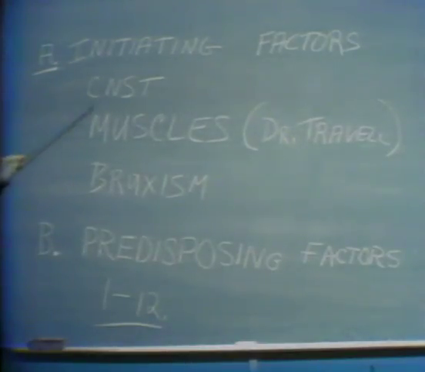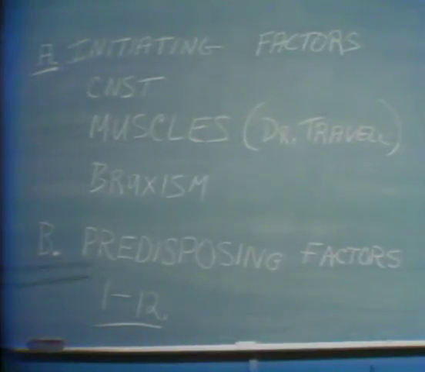With these things acting, then, the patient can go into bruxism. And the bruxism, muscle hypertonicity, and central nervous system tension are the primary initiating factors for traumatic occlusion.